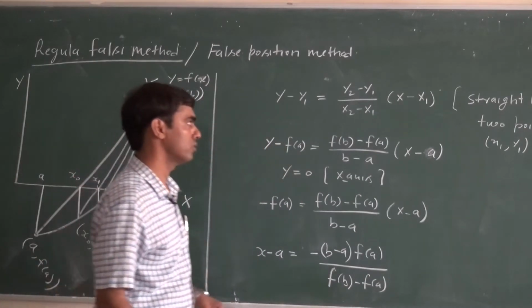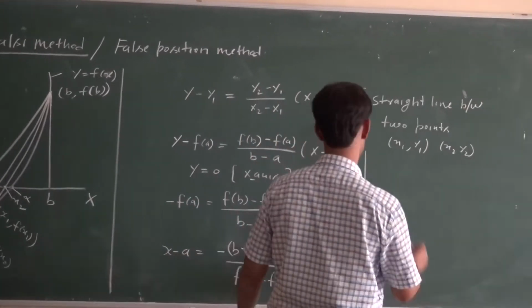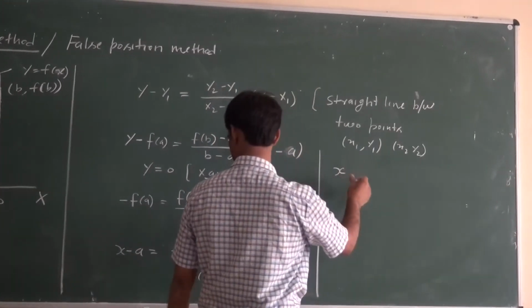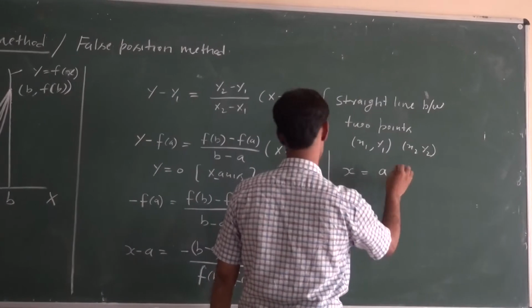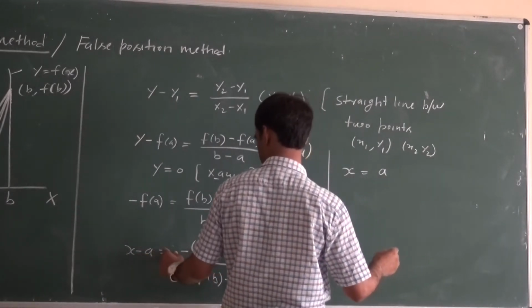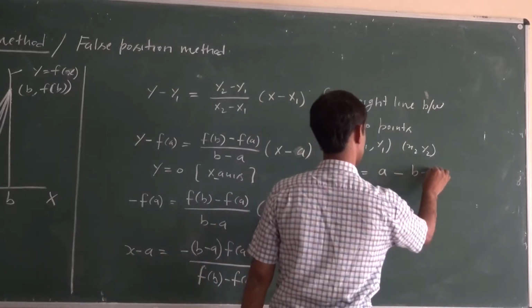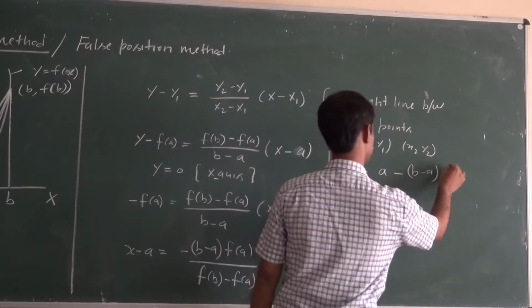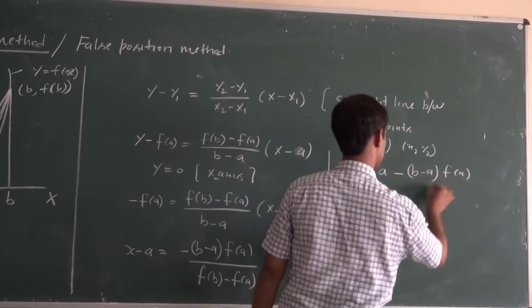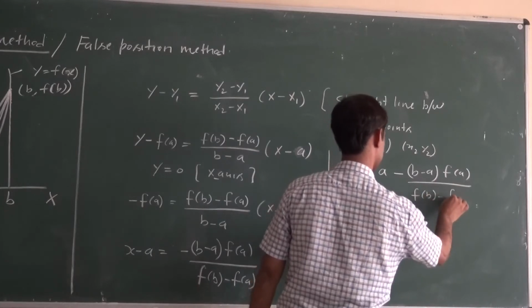If we simplify more, x equals a, with a positive sign here, a minus (b minus a) f(a) divided by (f(b) minus f(a)).